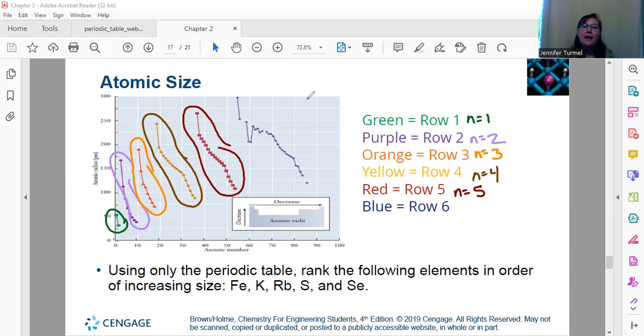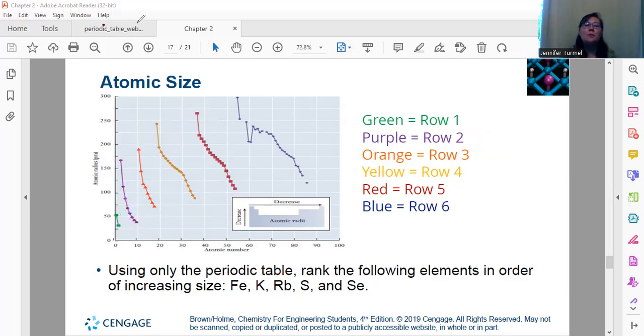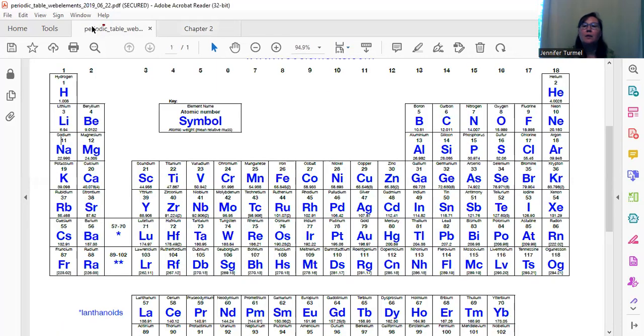Okay. Now it says use the periodic table to rank these elements. All right. So what we're going to do is come over to the periodic table and find those elements. Okay, so those elements, you're hopefully looking at your notes template. First of all, the elements that we're going to rank are rubidium right here, and we have potassium is one of those.